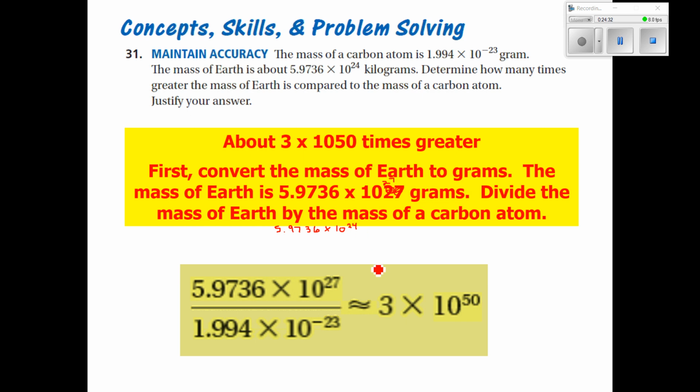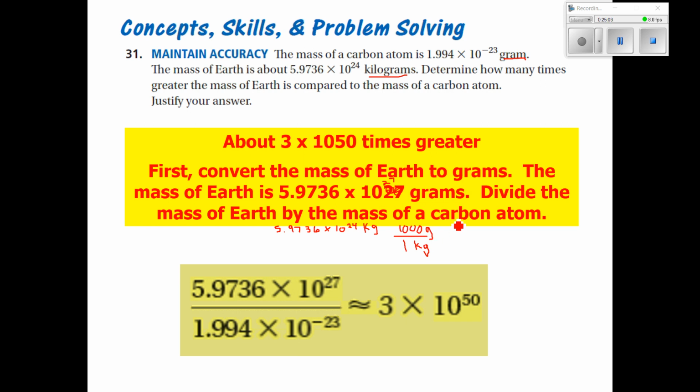Now remember, kilograms to grams, because they're asking us about the comparison here. We're going to say that 1 kilogram, and remember, this is in kilograms, I'll put the kg here, 1 kilogram is going to be equal to 1,000 grams.